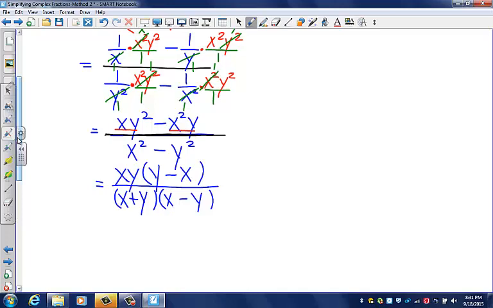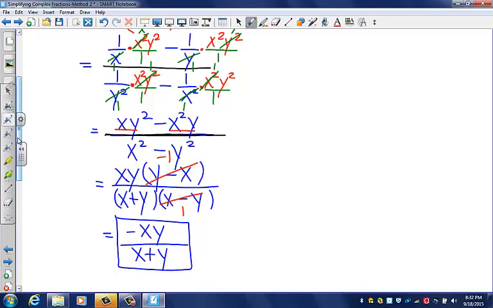So technically they're not equal, but if I took y minus x and divided by x minus y, remember we'd have that negative 1. So in the numerator we have negative 1xy over x plus y, which should be the same thing we got using method 1. So pick your method and use it.